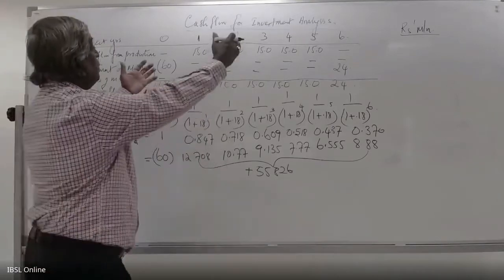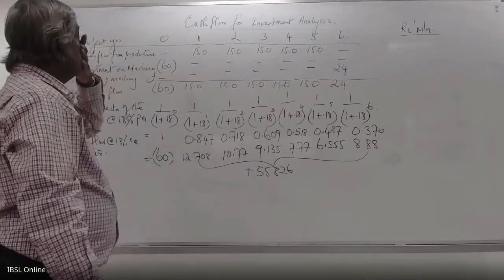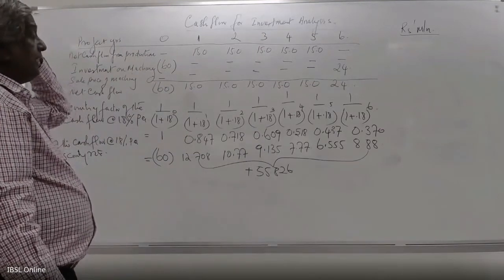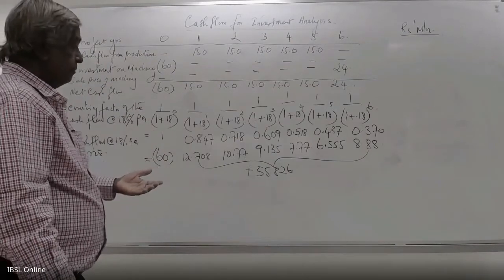So when we are looking at, oh my God, 99 million is coming, and only 60 million we are investing. So when we do it, it is not worthy.